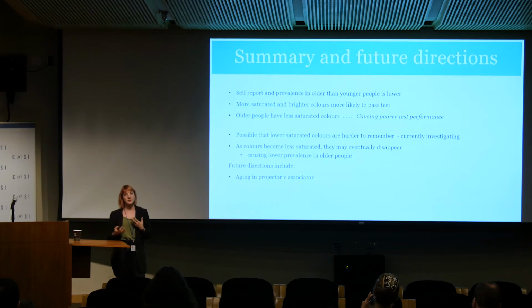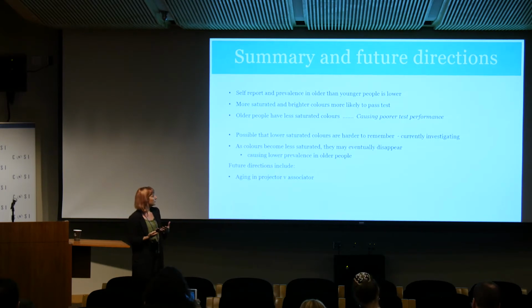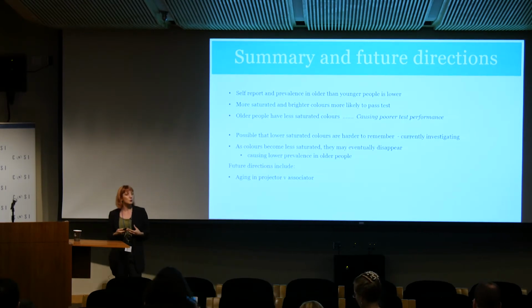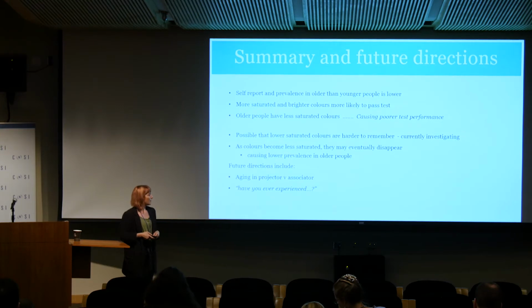And we know that there's slightly different brain mechanisms in the two groups of synesthetes. So it's quite important to look at how the trajectory of aging of synesthesia is, or whether it's different in the two different groups.